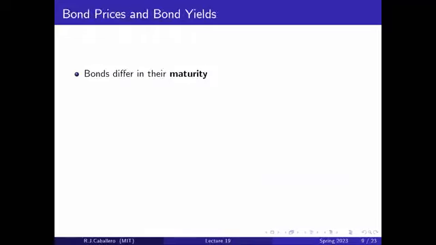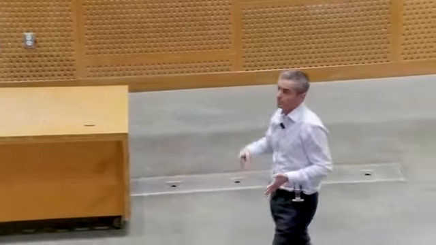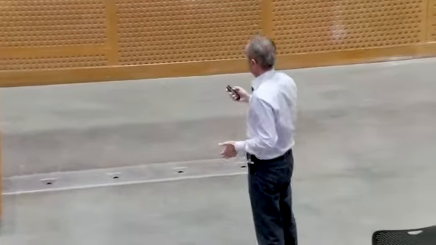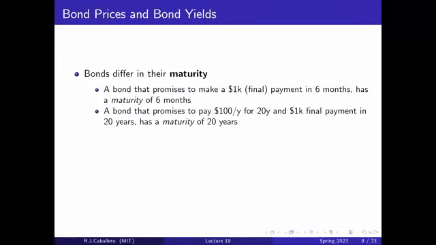Okay. Then we talked about bonds and bond yields, and essentially we use the expected present discounted value formula for bonds, and bonds have a very particular profile of payment. Typically some coupons and some final payment, which we call the face value of the bond. And we said a very important concept in bonds is maturity.